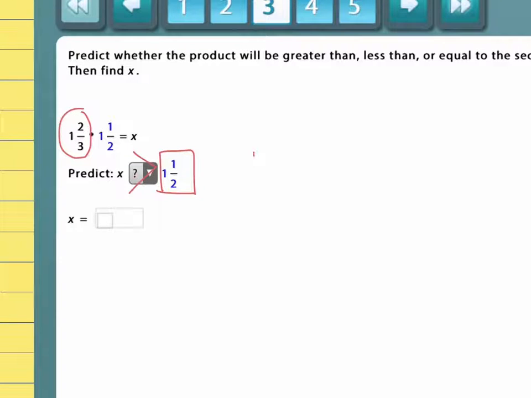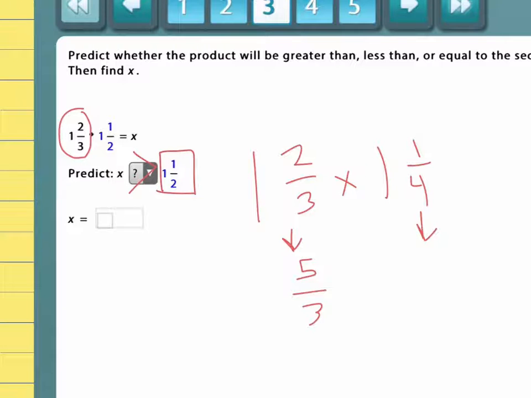Now we need to solve the problem by multiplying 1 2/3 times 1.5. I'm going to use the improper fraction method. I'm going to change those into 5/3 and 5/4, and I multiply those across.